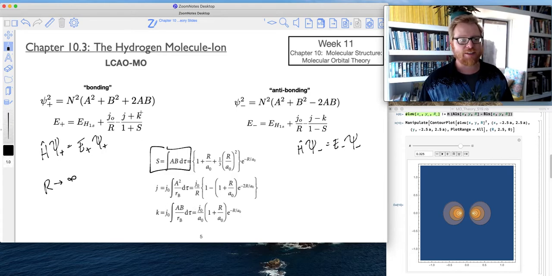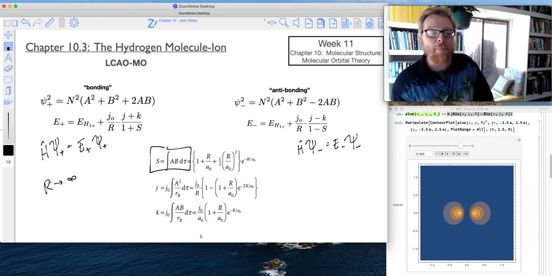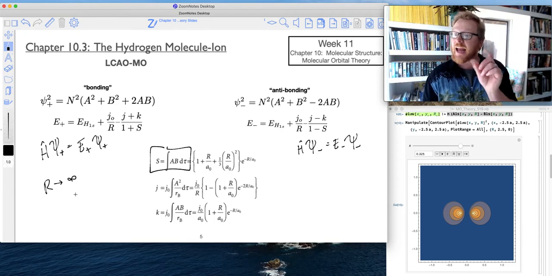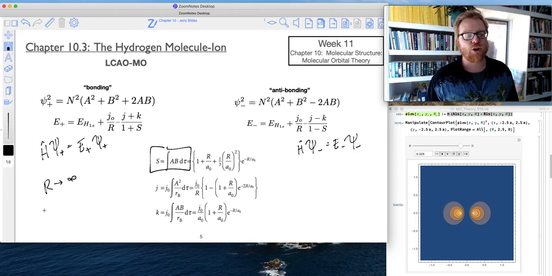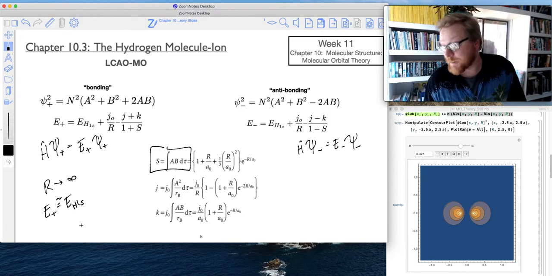And then similarly, you can see this K, this other collection of integrals and constants, has this e to the negative R. And so what happens is as R approaches infinity, as the nuclei are very far separated, all of these terms drop out, and then E plus approximately equals just the H 1s energy.